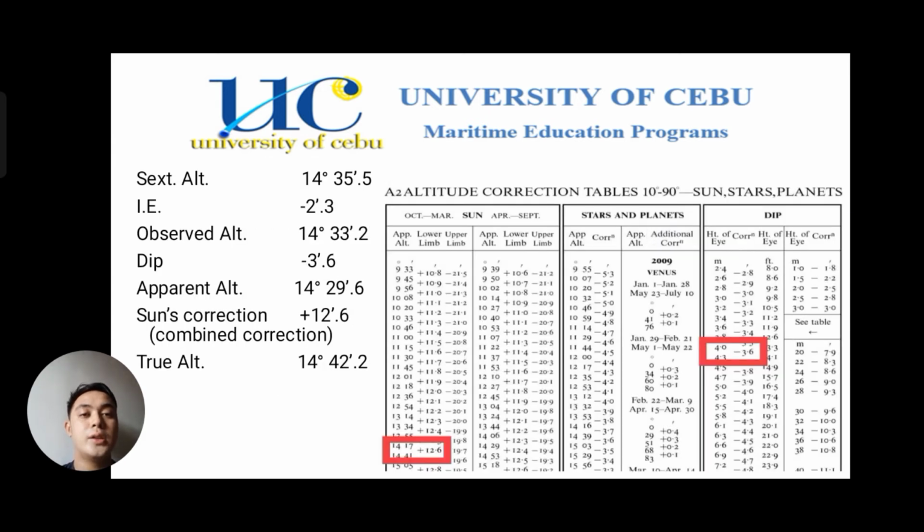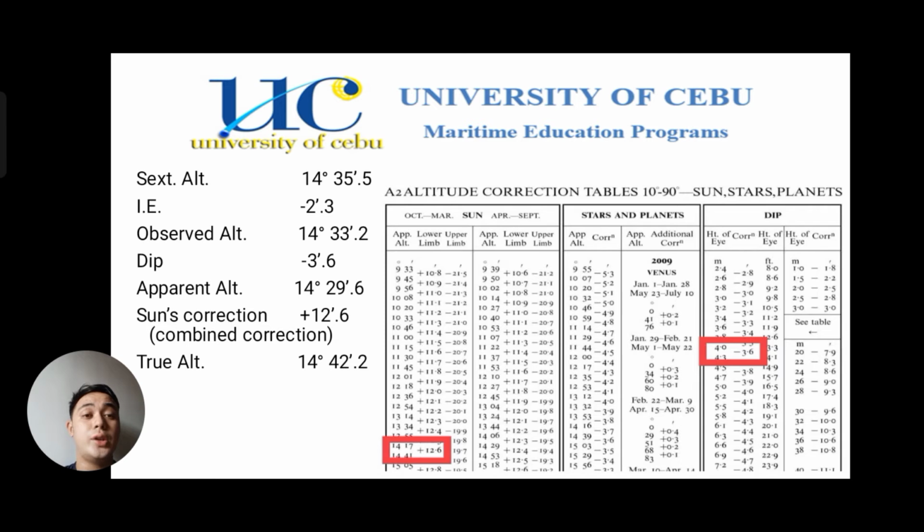Next slide. Our sextant altitude is 14 degrees 35 minutes point 5, and our index error is negative 2 minutes point 3, so our observed altitude is 14 degrees 33 minutes point 2. Our dip is negative 3 minutes point 6, so our apparent altitude is 14 degrees 29 minutes point 6.